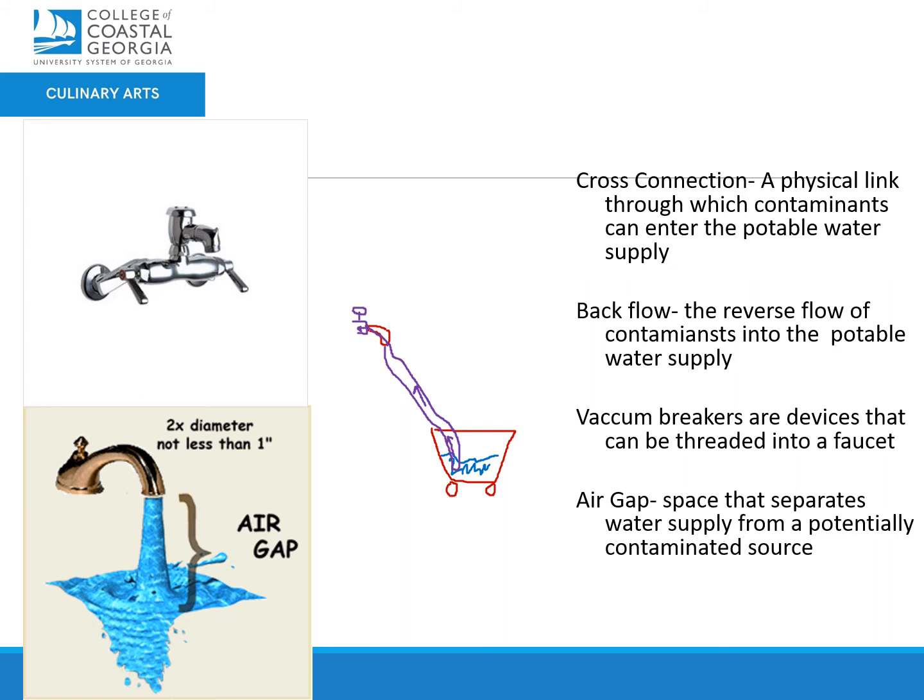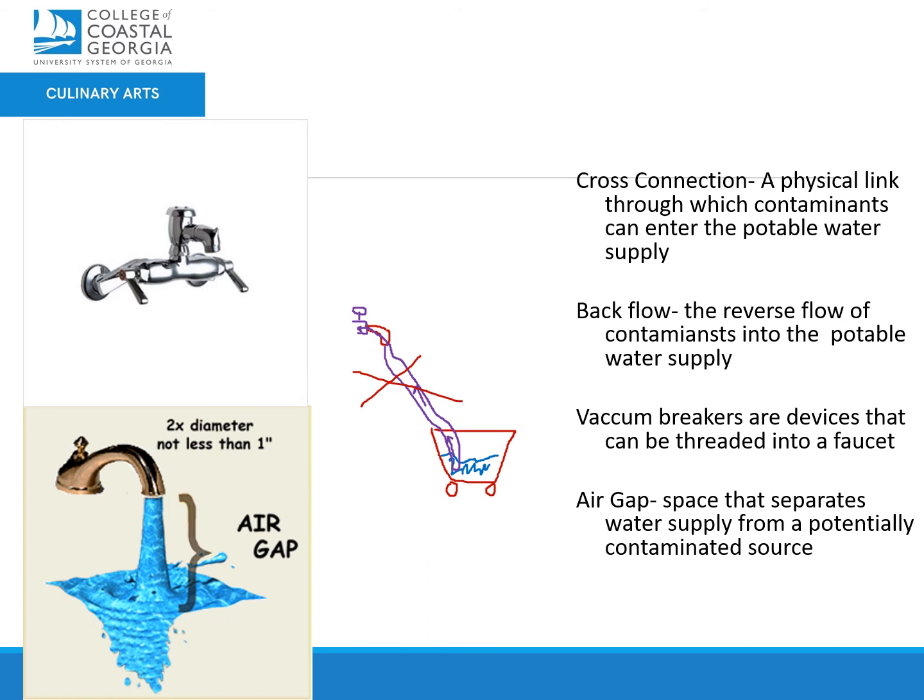So now you've just sucked dirty mop water up into all the sinks that are going to be used for hand washing, for drinking, for cleaning food, for cooking. You've now contaminated it with whatever's in that dirty mop water. So that's a cross-connection. We absolutely do not ever want to have that situation.